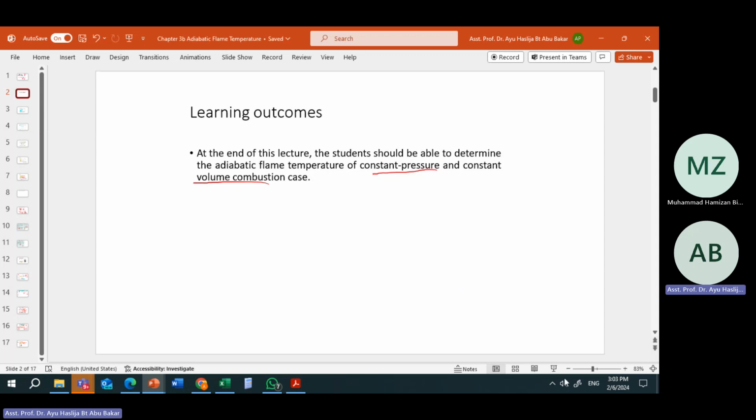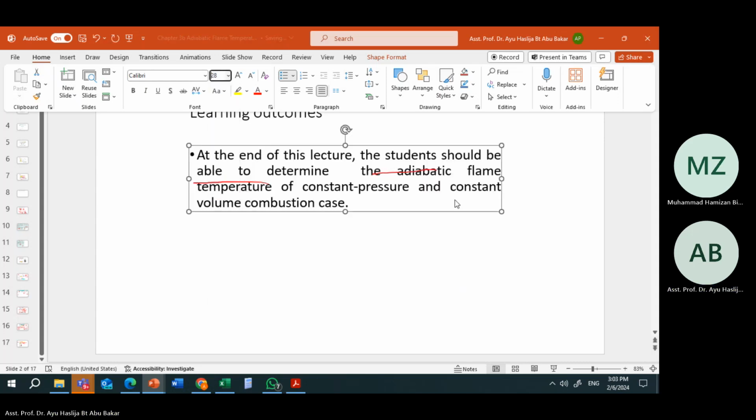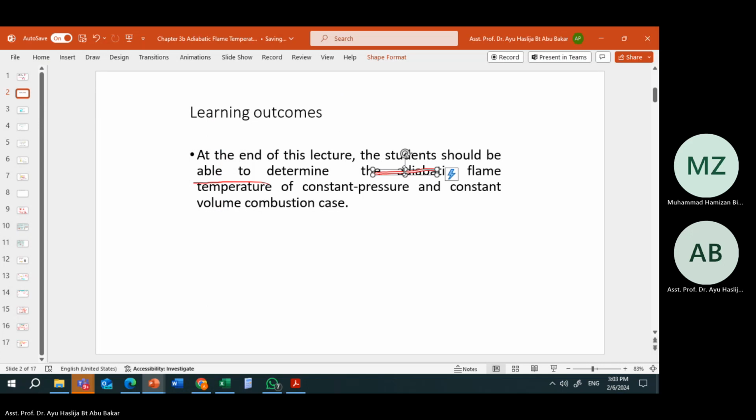For adiabatic, kita ada two condition, whether constant pressure or constant volume. Both will have different equation.